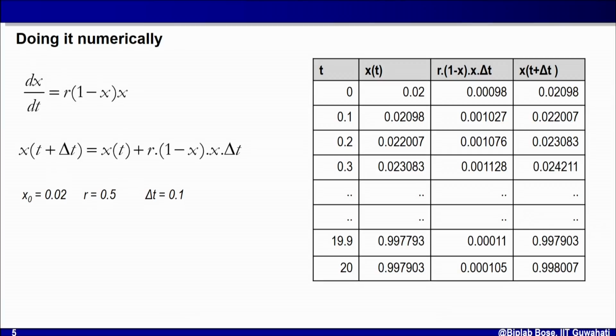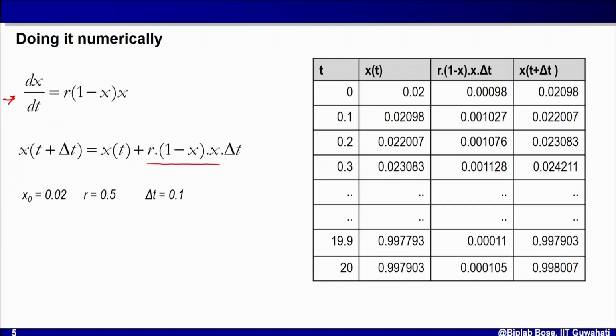Now let us try this numerically. We will take the same example of the spread of an infectious disease. So our ODE is as usual the last one, dx/dt = r(1 - x)x. And the formulation from Euler's method that we have got is that x at time t plus delta t is equal to x at t plus the function that is present in the ODE times delta t.